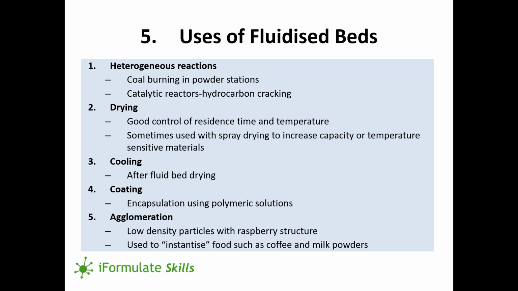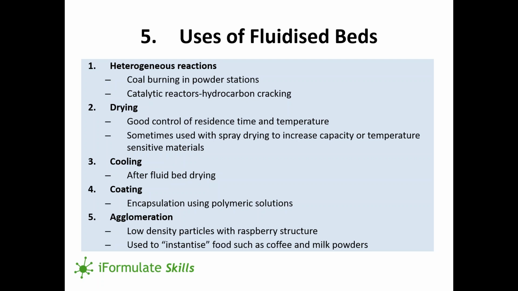This is a very different way of agglomerating compared to high shear agglomeration, because of the way the particles tack together at the surface. You get a very low density particle with a very high porosity, rather like a raspberry structure. And they're used where you want to have low bulk density or very high dissolution rates.